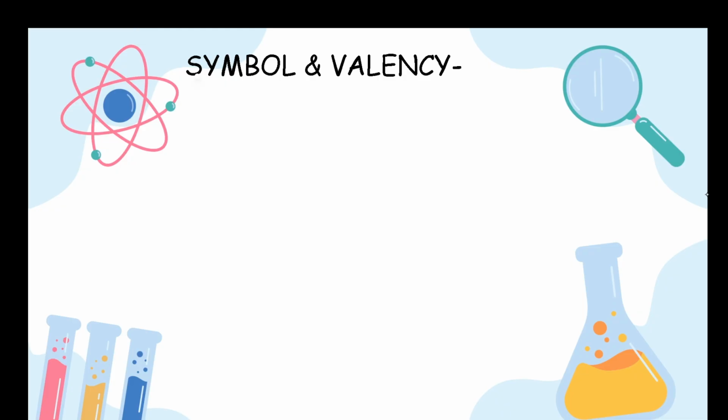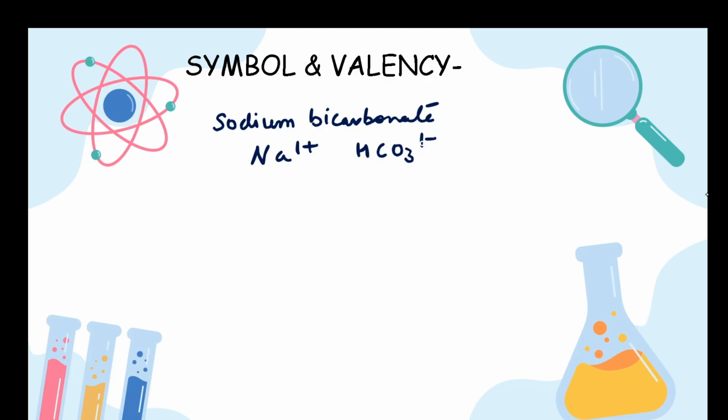Okay, let me take few more examples. If I have to write sodium bicarbonate. Now sodium, you know, its valency is Na1 plus, bicarbonate is HCO3 1 minus. Interchanging, both are 1 and once 1 is there, we ignore these values and the formula becomes NaHCO3, that is sodium bicarbonate.